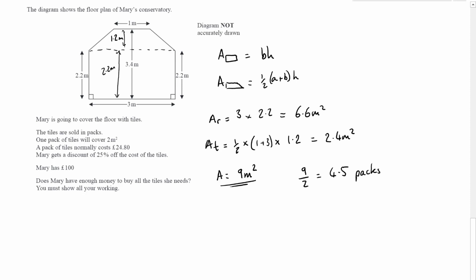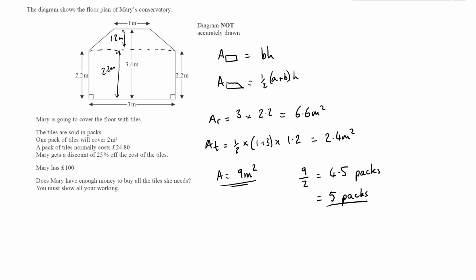However, we can't go to the shop and buy half a pack of tiles. We have to buy the full amount, so we're actually going to have to buy 5 packs.